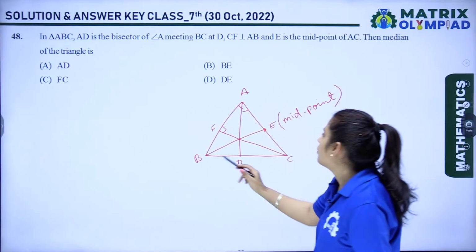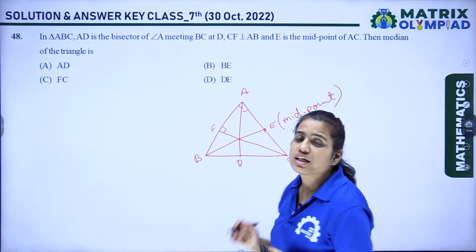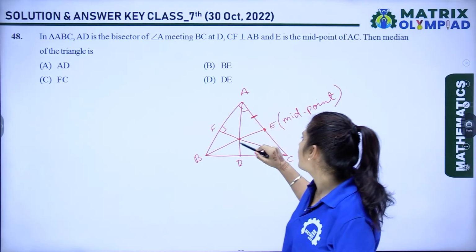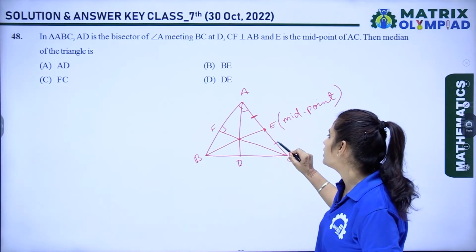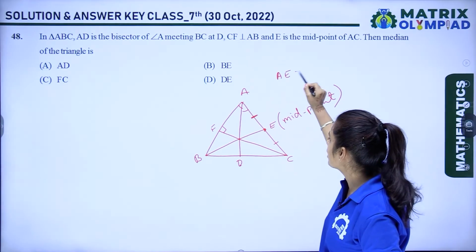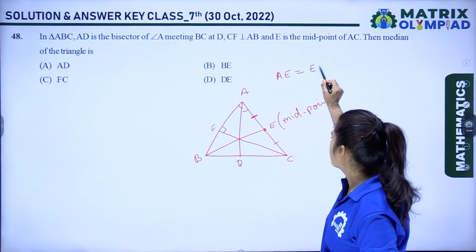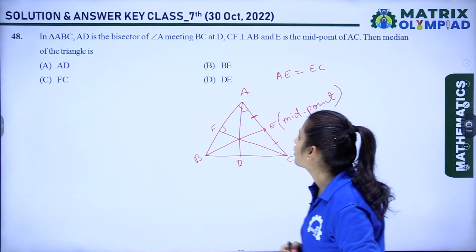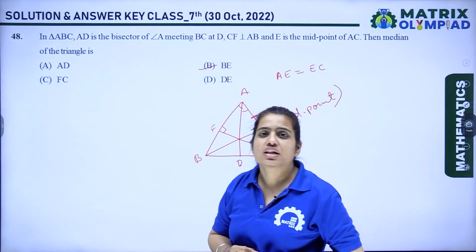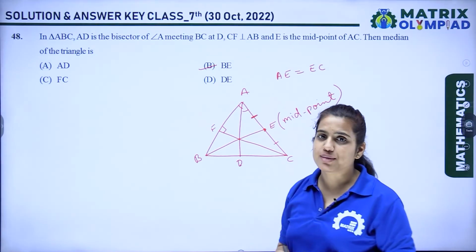So here BE is the median of the triangle, as E is the midpoint, and it is dividing line AC into two equal parts. That is AE is equal to EC. So option B is the correct answer. BE is the median of the triangle ABC.